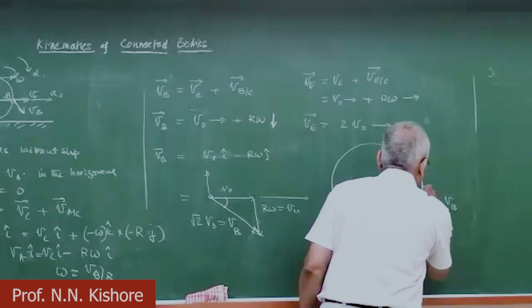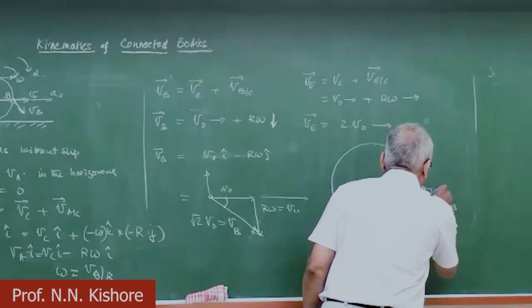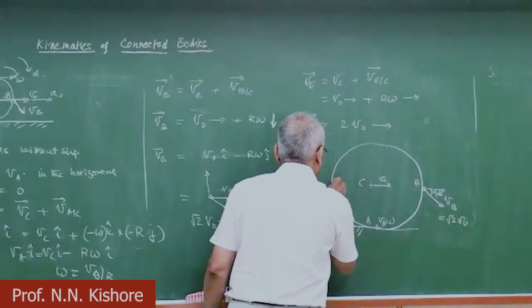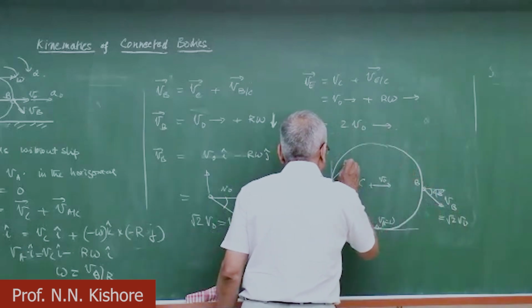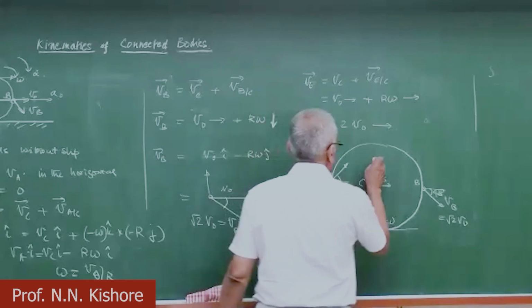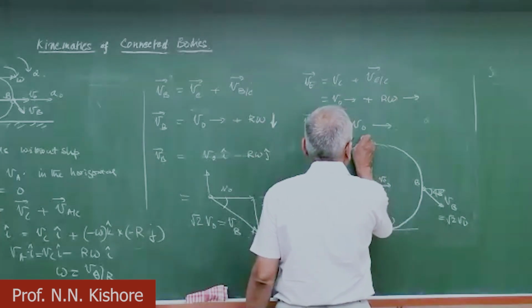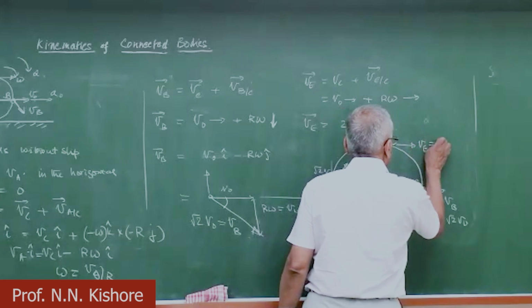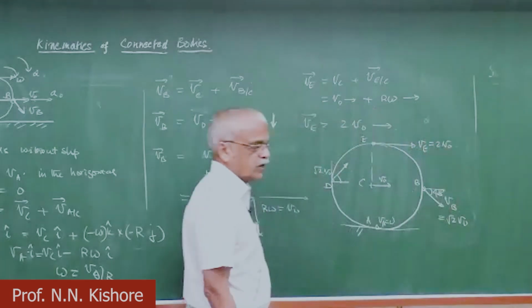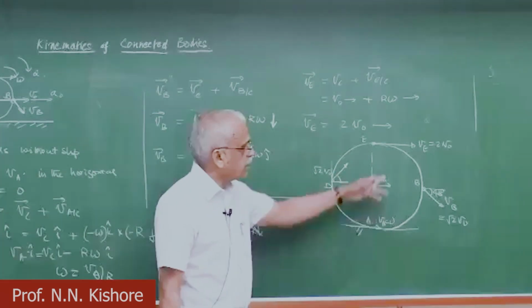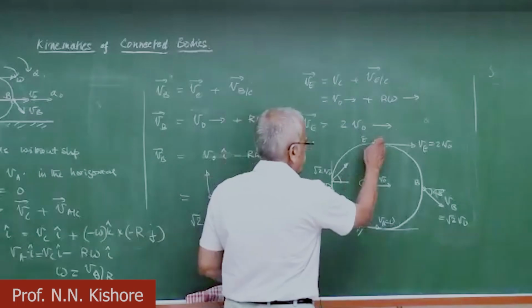So this velocity is 45 degrees. So various points are going to have this velocity. In fact, you can find out the velocity of any other point.